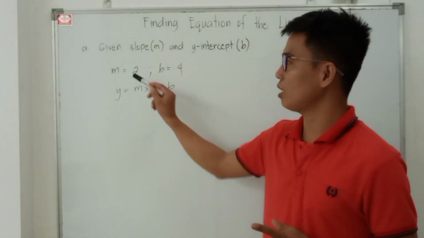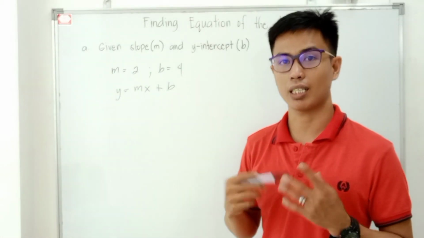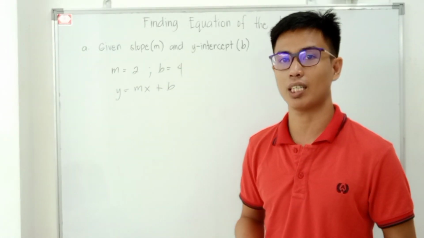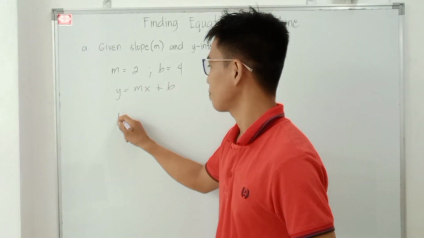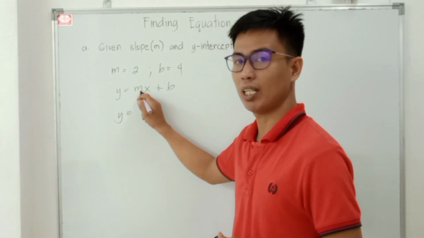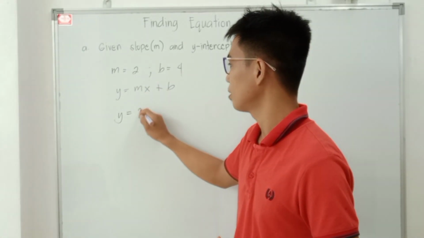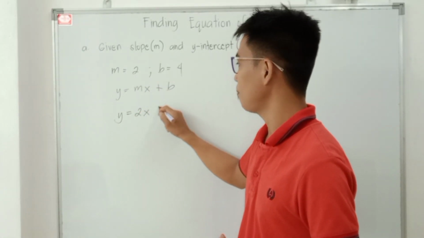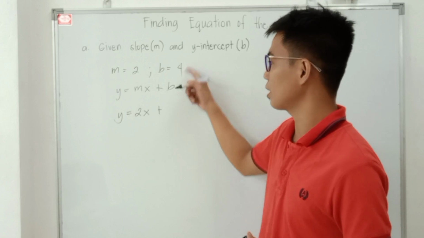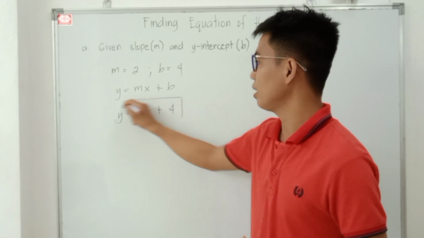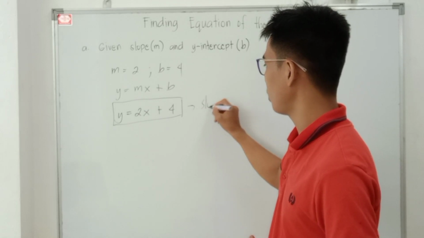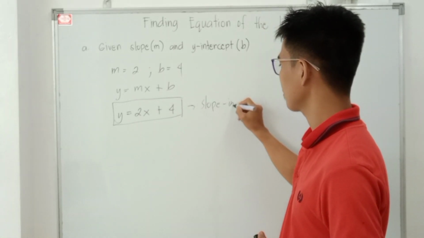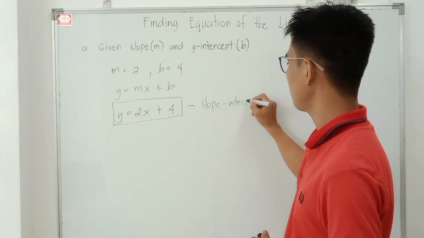So since meron tayong given na slope and y-intercept, ang gagawin lang natin is to substitute the given into the formula. So y equals, the value of m is 2, x plus the value of y-intercept 4. And this is what we call the slope-intercept form of the line.